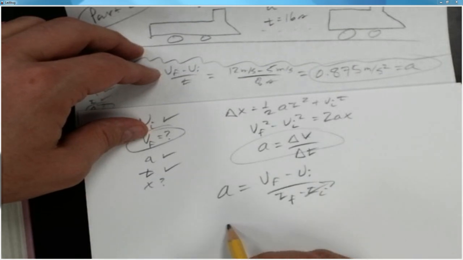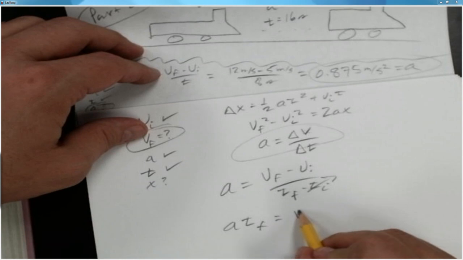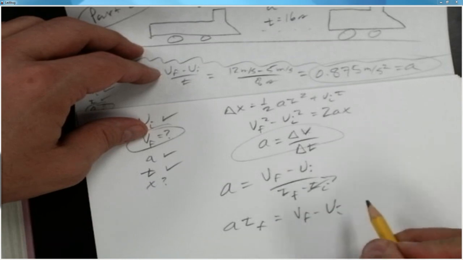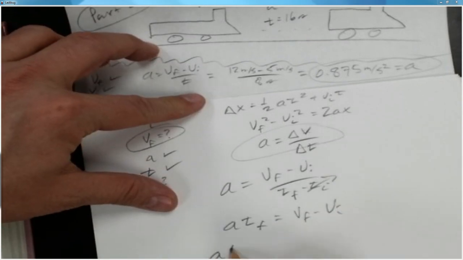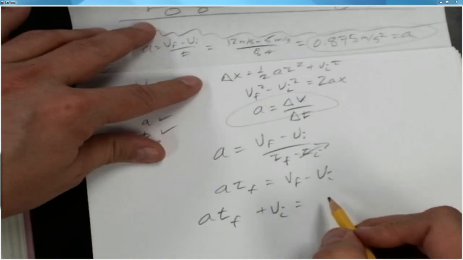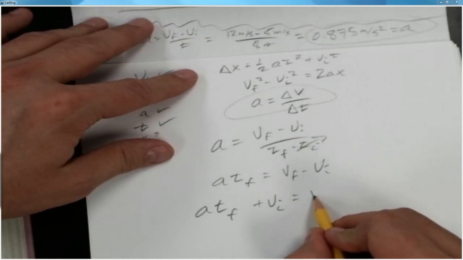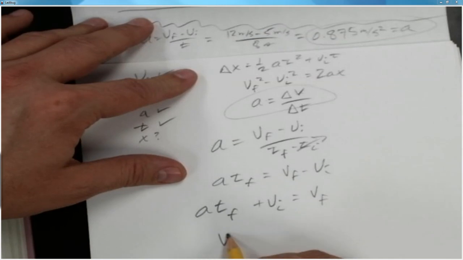Multiply both sides, I'm going to get A times TF is equal to VF minus VI, and I want to know VF, so A times TF plus VI is equal to VF. Great.